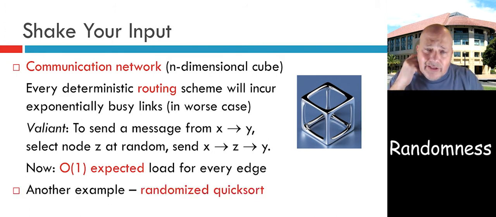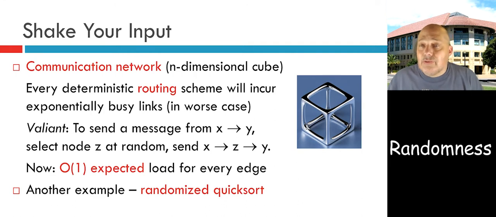Another example is randomized quicksort. For those who already took CS161, there is a very simple, efficient algorithm for sorting, which is known as quicksort. And it has a deterministic version that would work usually. But in the worst case, it will be very bad.